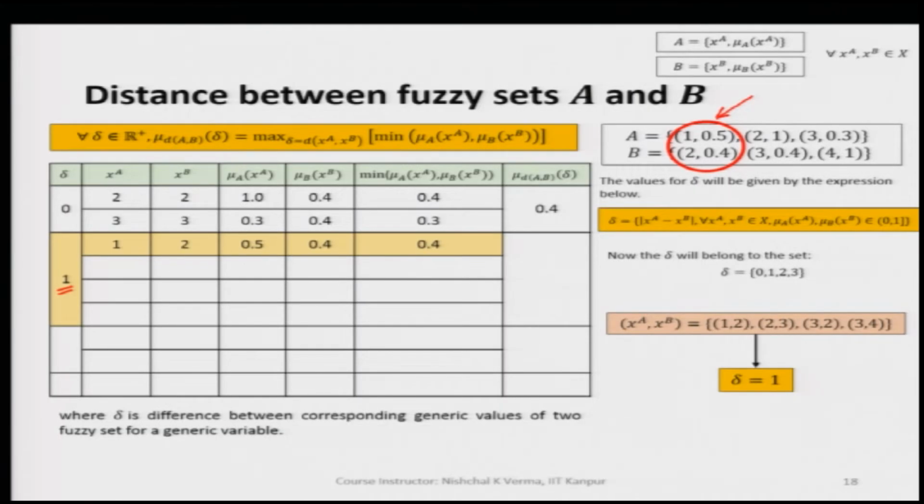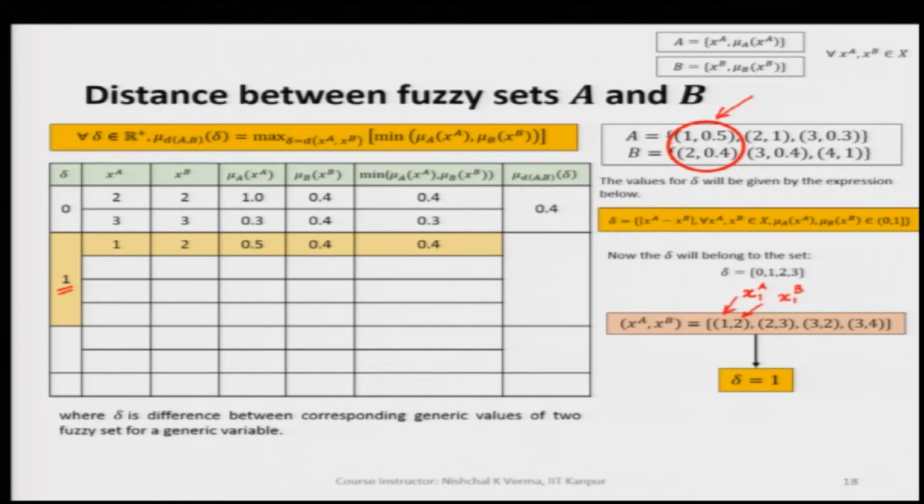The first entry will be for the pair 1 2. We write x 1 A as 1 and x 1 B as 2.